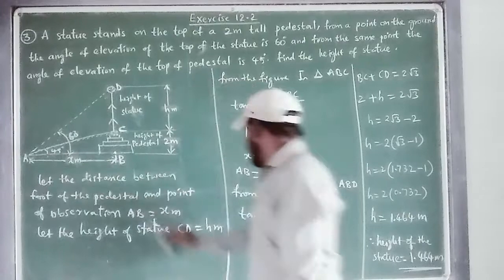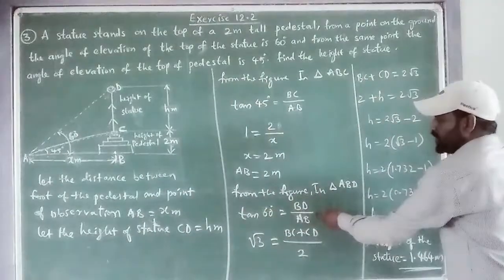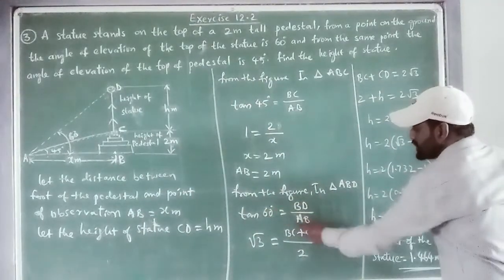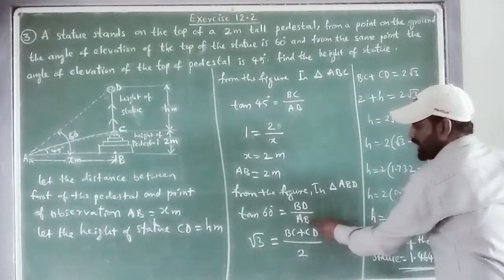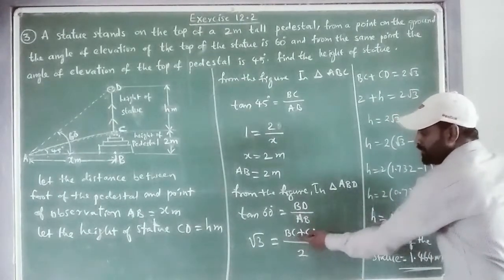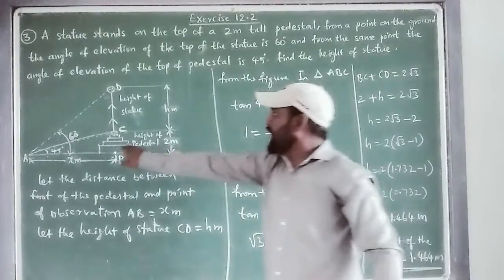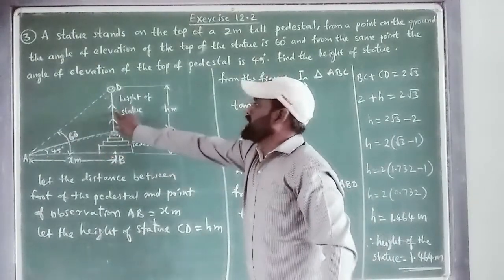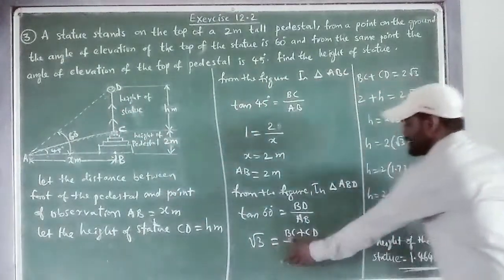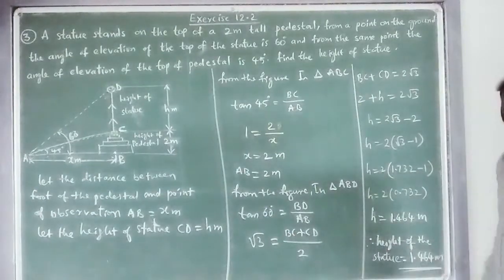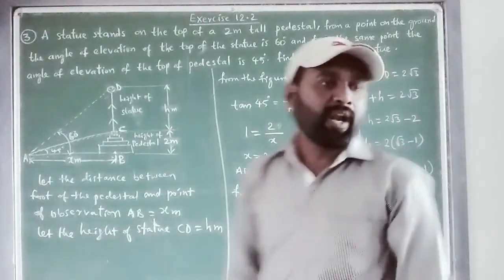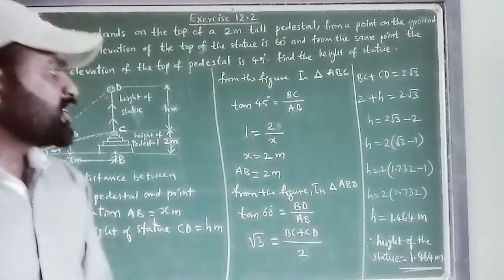Adjacent side is the same AB. Substituting, tan 60 is equal to opposite side to 60 degrees by adjacent side to 60 degrees, BD by AB. But BD is nothing but BC plus CD. BC is the height of the pedestal, CD is the height of the statue. By substituting the values and by simplifying, we got the height of the statue which is required. We got it as 1.464 meters.